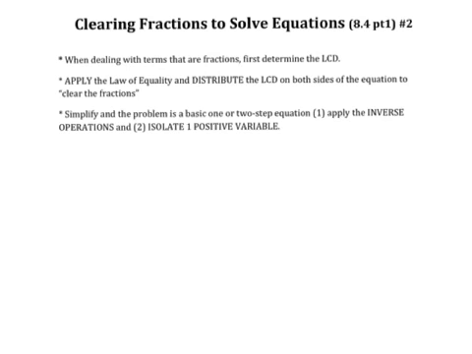So the big thing to remember here is that when you are dealing with fractions, you want to determine the LCD first. Once you have your LCD, your least common denominator, you can clear the fractions by applying the distributive property to both sides with your LCD and canceling it out.